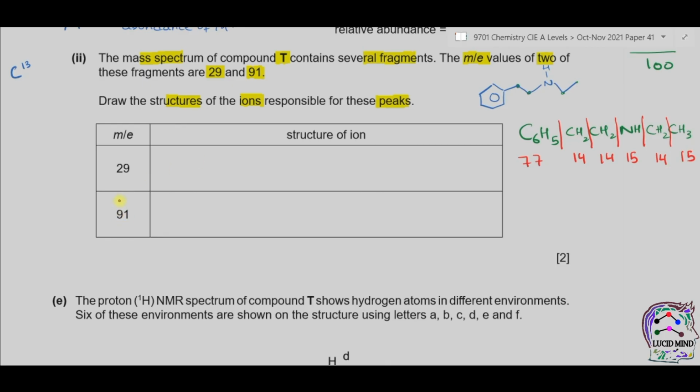Now we have two values, one is 91 and one is 29. 77 plus 14 comes to 91. So this structure of the ion will be C6H5CH2, and as it is an ion, it will be positive. Second is 29, so we can add 15 and 14, which is 29. So we can write CH3CH2.